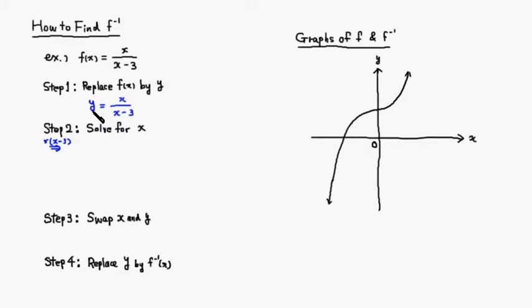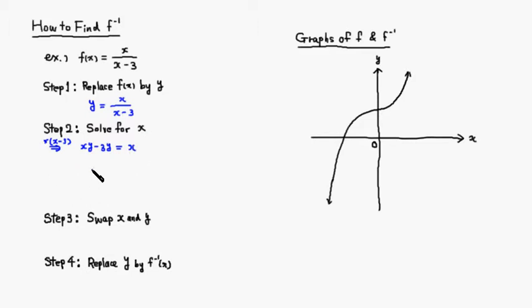So y times x is xy. y times negative 3 is negative 3y, which is equal to, the x minus 3 and x minus 3 cancel out, you just get x.